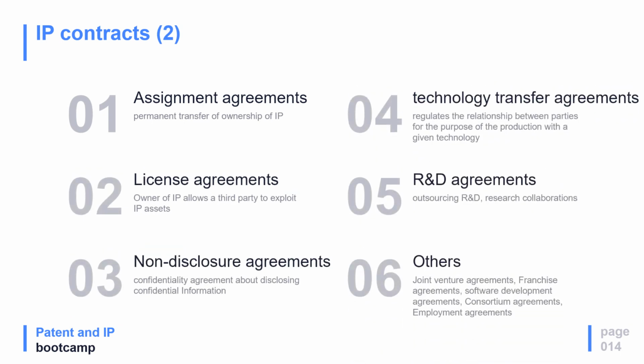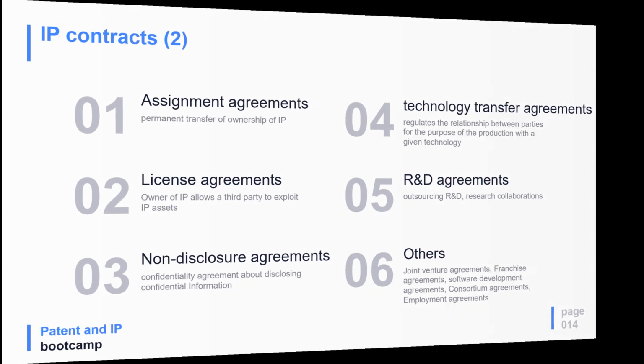For example, there can be assignment agreements, so that means there's a permanent transfer of ownership of IP. There you need a contract. Or also license agreements, those are also contracts, also non-disclosure agreements, or technology transfer agreements, and also R&D agreements. And there are many more, for example, franchise agreements, joint venture agreements, and so on. There you also have to include some IP clauses.